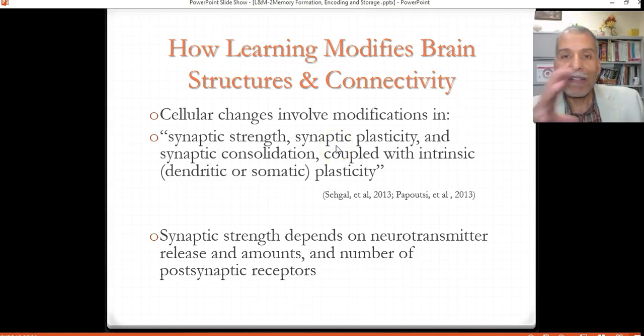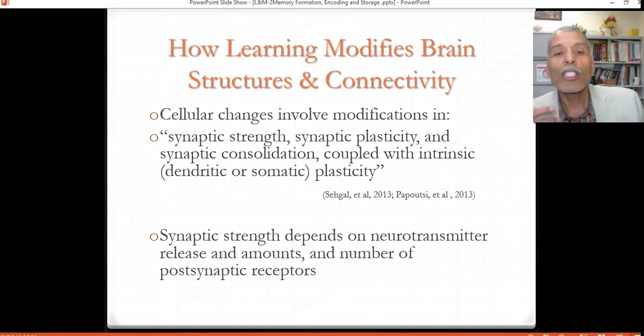Synaptic plasticity, the flexibility that when there's a change of a connection or making a reconnection, that is possible. That increases the possibility. And synaptic consolidation. So that applies to certain synapses that are now connected well, are continuously stimulated, and will be consolidated; they can hold on to the information for a long, long time.